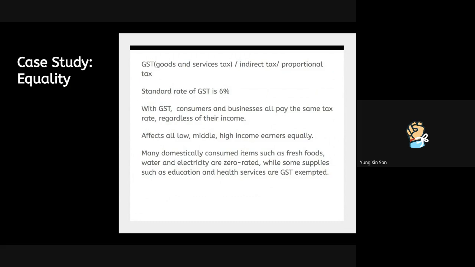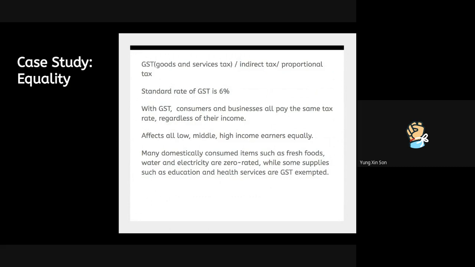Another case study that we chose, which relates to the key concept of equality, is GST, also known as Goods and Services Tax. GST is a form of indirect tax which equally taxes all consumers and businesses with the standard rate of 6%. With GST, consumers and businesses all pay the same rate of tax, regardless of their income.